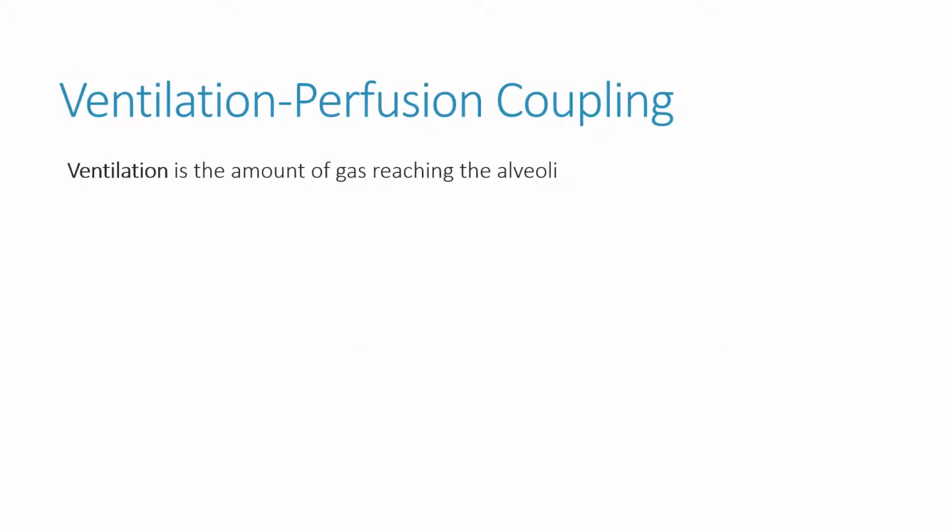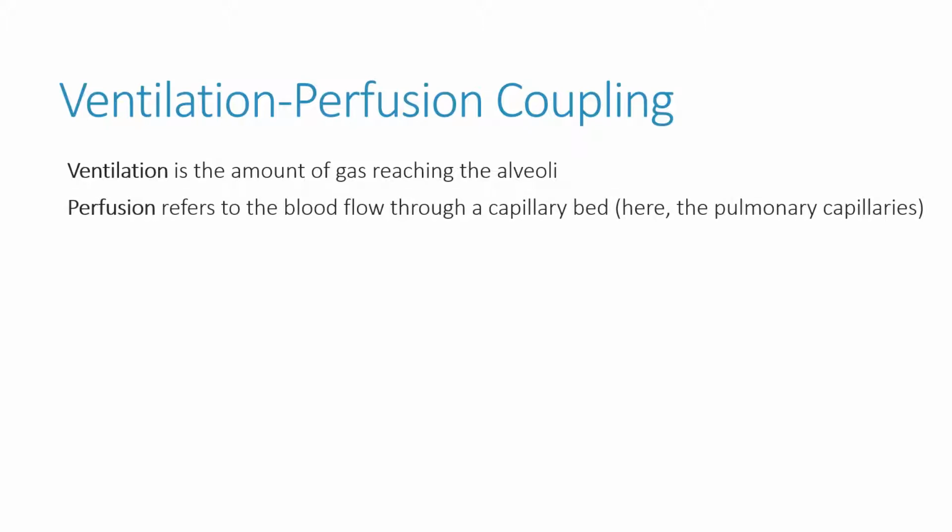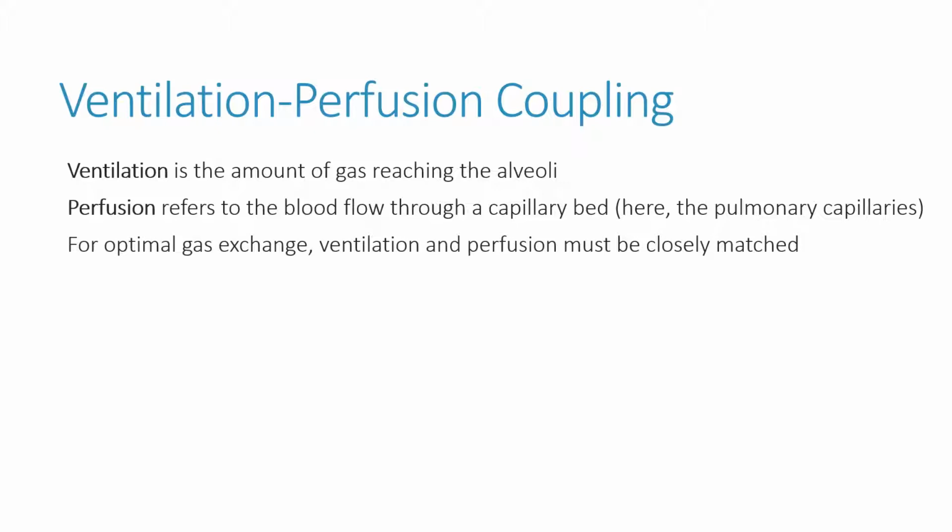We also need to nearly match ventilation and perfusion rates. Ventilation is the amount of gas reaching the alveoli, and perfusion refers to the blood flow through a capillary bed. Here, we're looking specifically at the pulmonary capillaries.